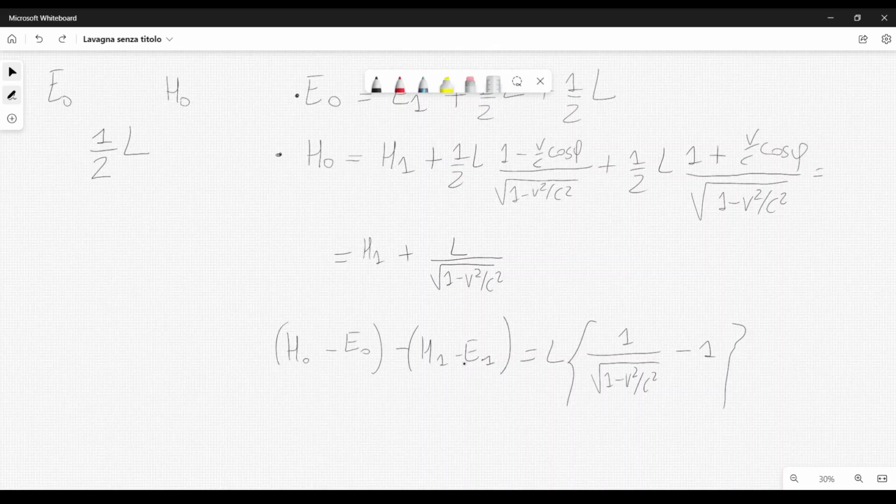It is clear that the difference H minus E can differ from the kinetic energy of the body only by an additive constant.